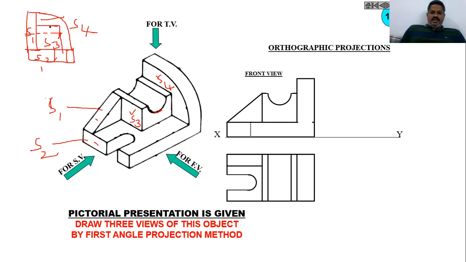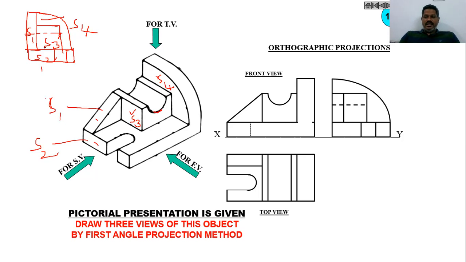Then let me show this in the side view. As I said just now, you will find this face, and this line will not come up to here, it will come up to here only. So up to here we will get, I'm erasing that.